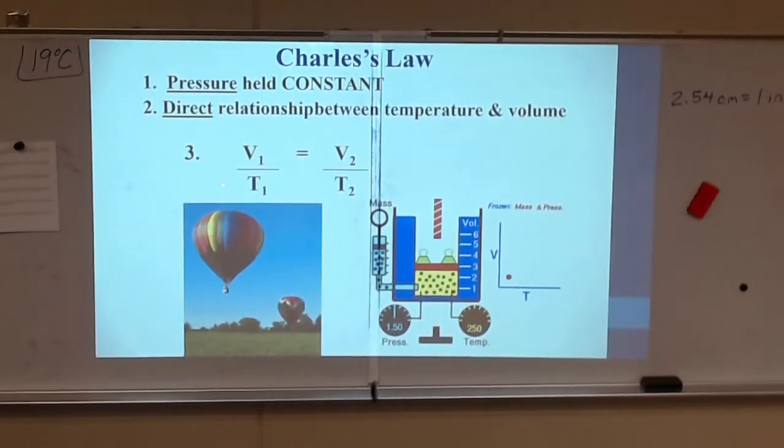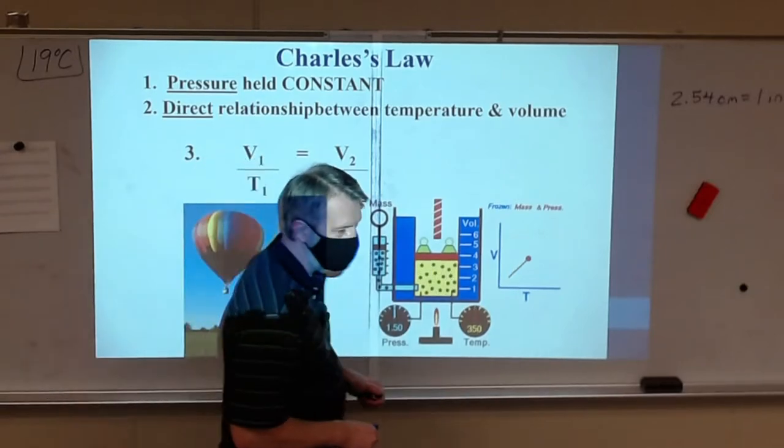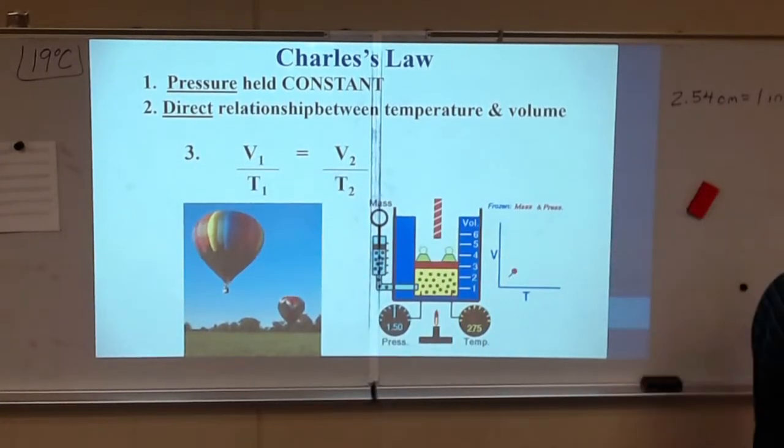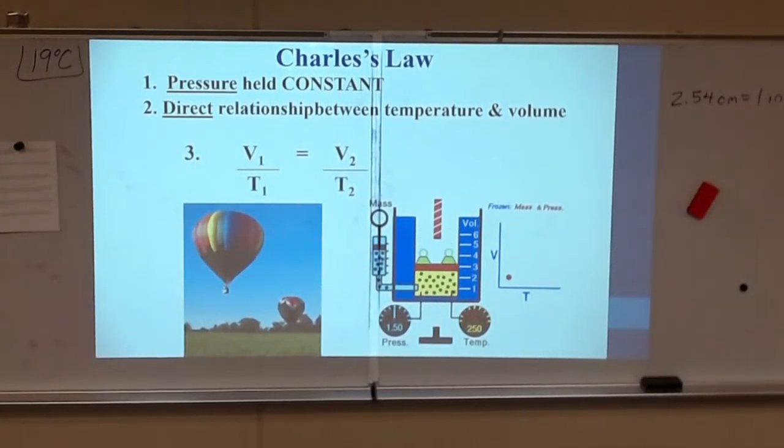So here's my formula: V1 over T1 equals V2 over T2. It's a direct relationship between temperature and volume. Charles watches DirecTV. Good? And y'all can see this little animation.